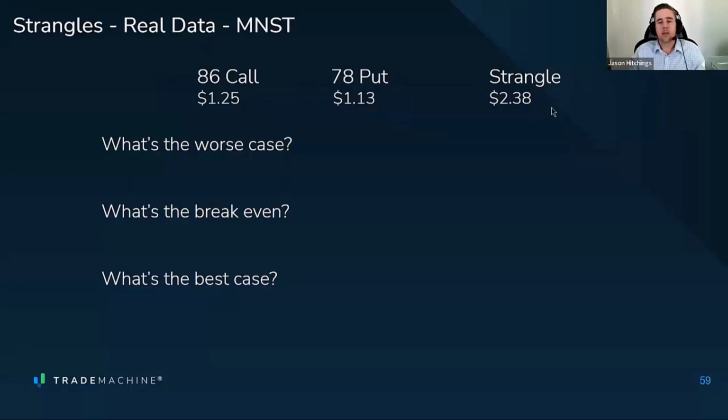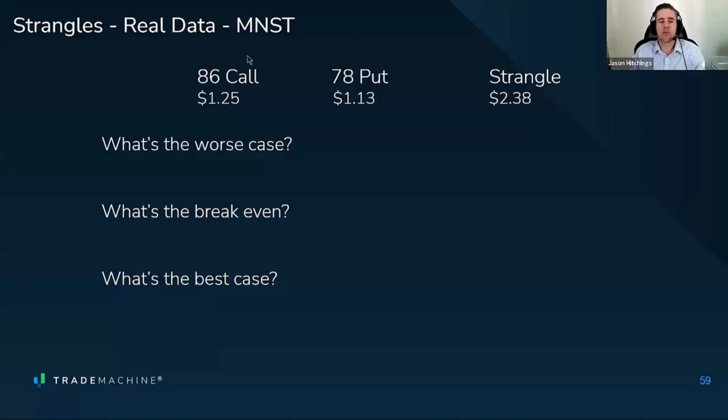In terms of the break even, we're going to need to make either $2.38 on the call or $2.38 on the put. To do that, the stock's going to have to go $2.38 above 86 for the call to have that value, or it's going to have to go $2.38 below 78 for the put to have that value. So the break-evens are those two price points. And the best case scenario is that the stock either goes to 0 or the stock goes to 500.